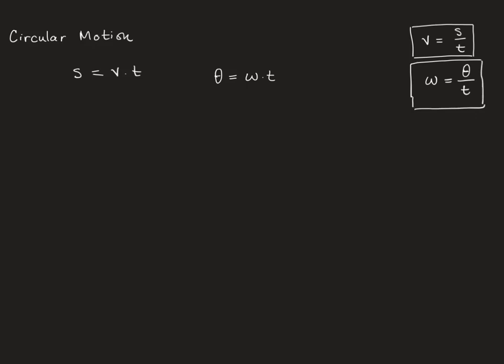Instead of solving for V in one formula and omega in the other, what happens if I solve both of them for T? Getting rid of V here, so I have T equals S over V, and getting rid of omega here, so I have T equals theta over omega.